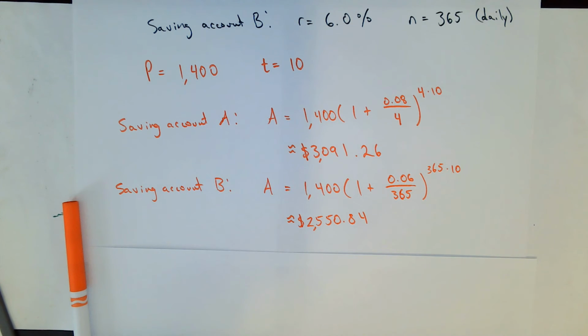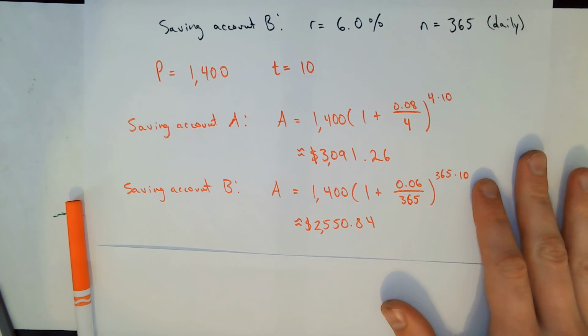But let me say a little bit more about this from the point of view of real life. I'm still not in the position where I'm comparing savings accounts, right?